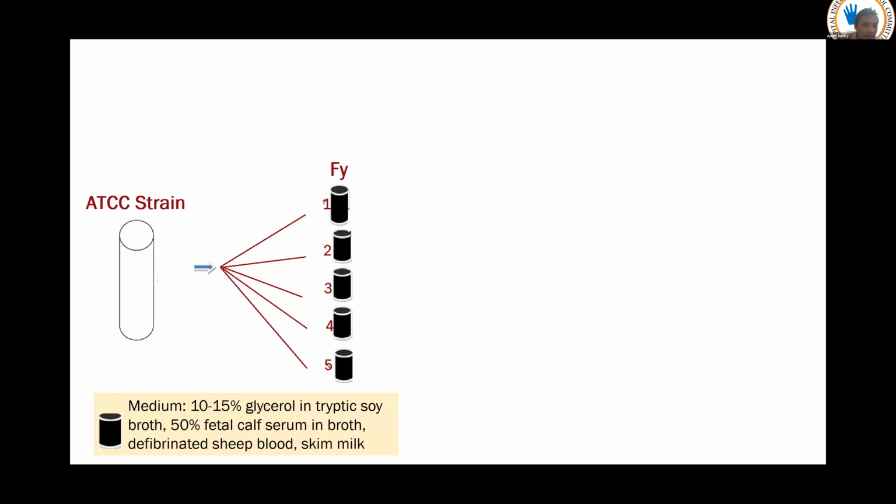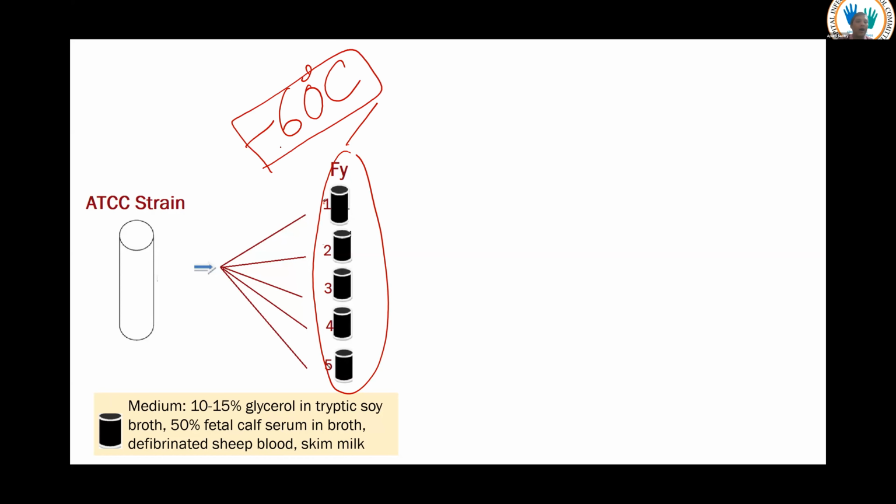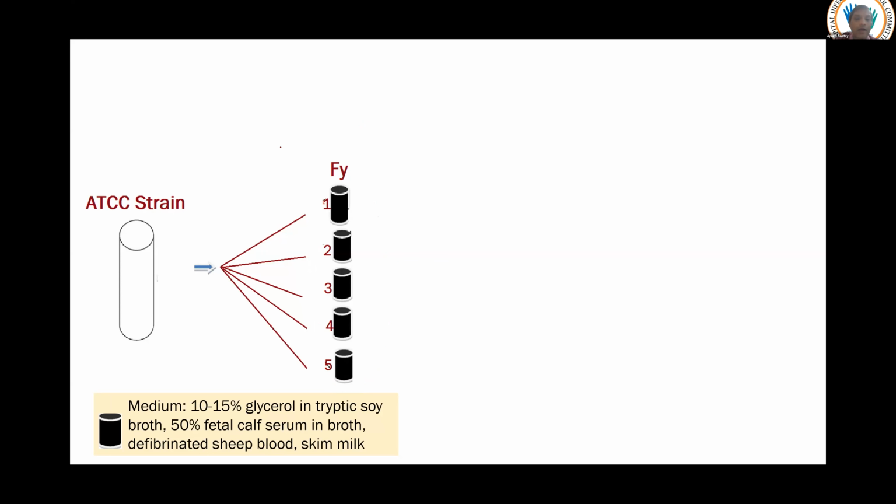By using these media, you have to make five subcultures. Then you have to store these stock cultures in a deep freezer, preferably at minus 60 degrees centigrade. Why is it called F? Because it is frozen. So these are frozen subcultures, FY subcultures.